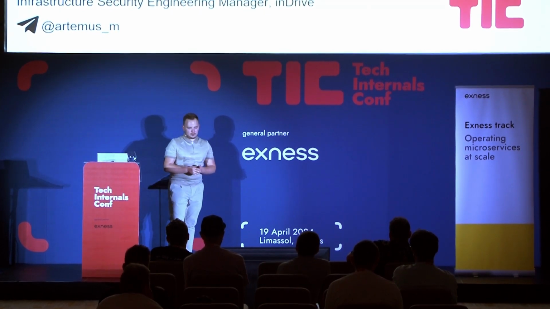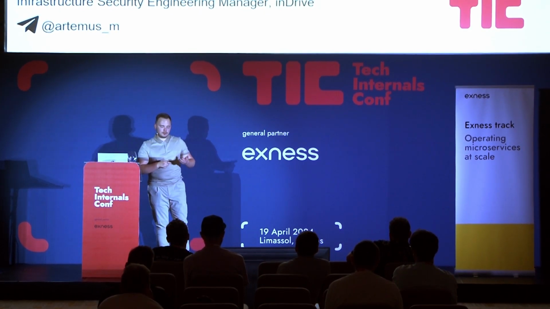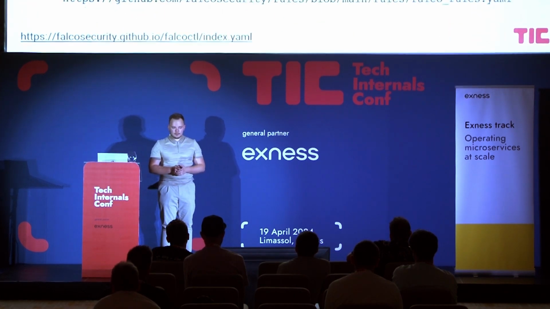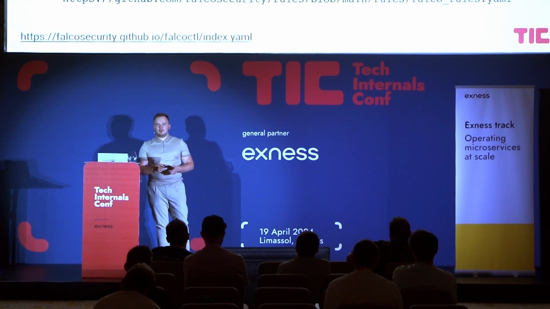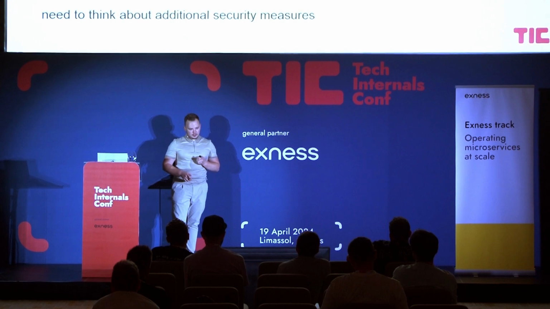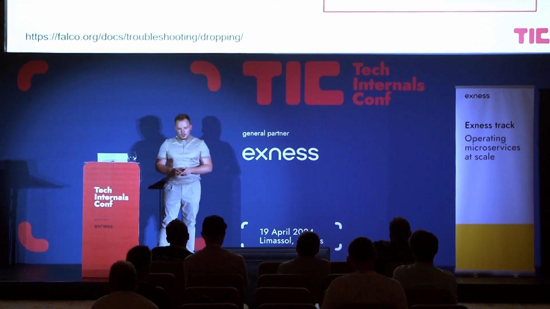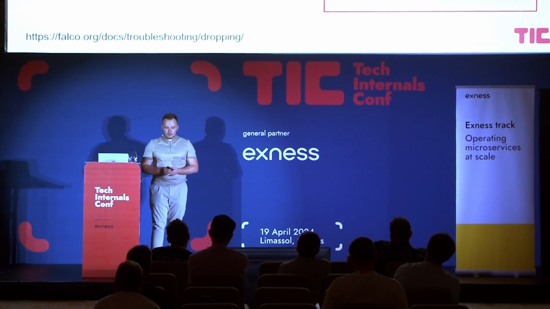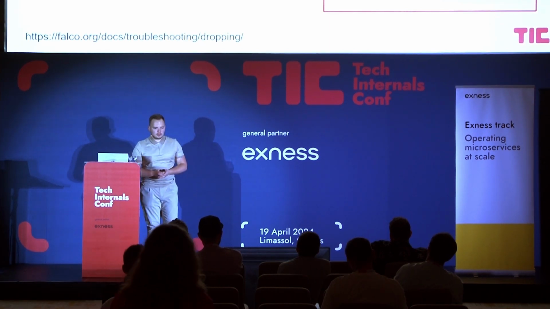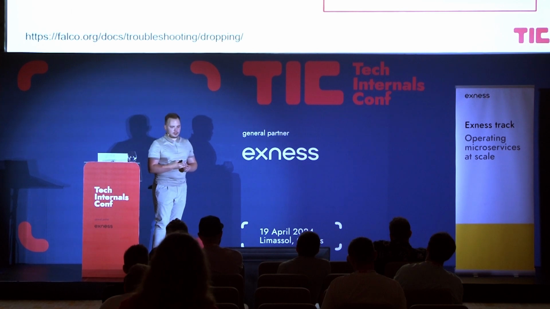Okay, I will try to answer as I understood the question. We had some benchmarking process about Falco. I can show this slide again here. So the first thing we decided to remove were the drops. Falco provides some metrics for this.